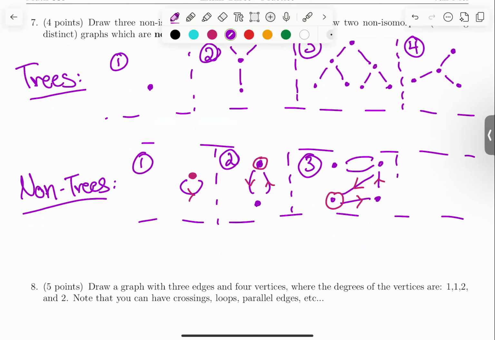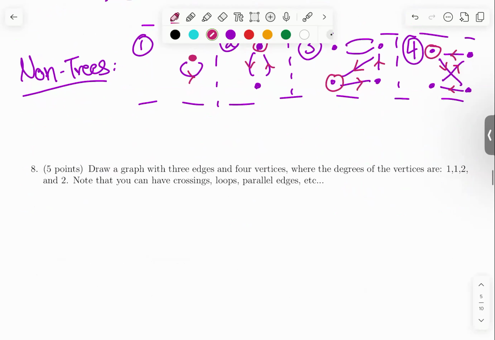Oh, how about the hourglass? That's another sort of famous one. Say you start here, you can go down, over, up, over. I started and ended at the same point. I didn't repeat any edges, and so that means that this is a cycle. So it's not a tree because it has a cycle.